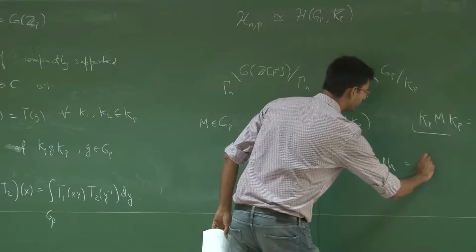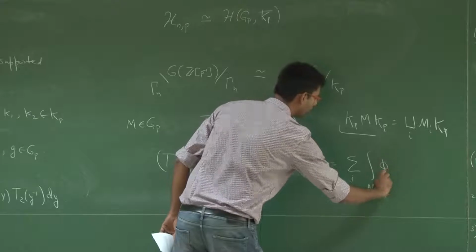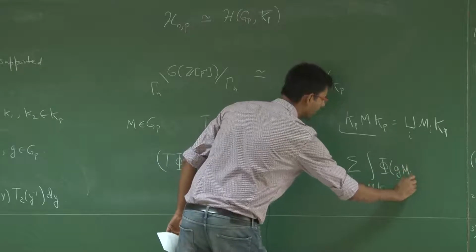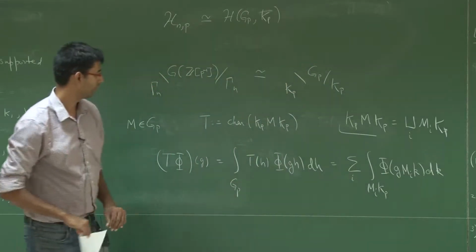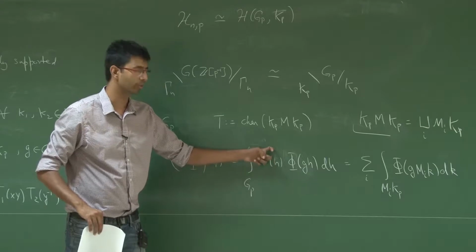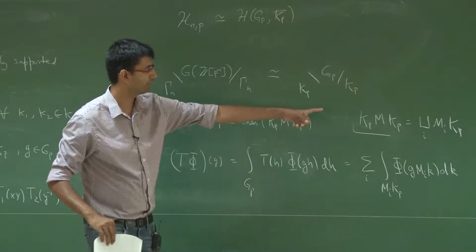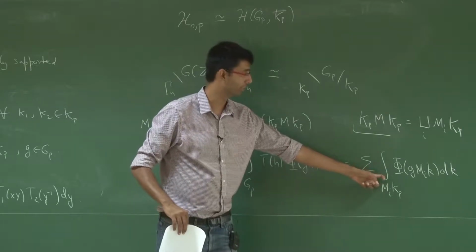So this thing ends up being the summation over i of the integral over M_i K_p of phi of g m_i k dk. Right, because I am integrating over K_p M K_p, T of h is equal to 1. K_p M K_p is a finite disjoint union, so it breaks up into a finite sum of integrals.